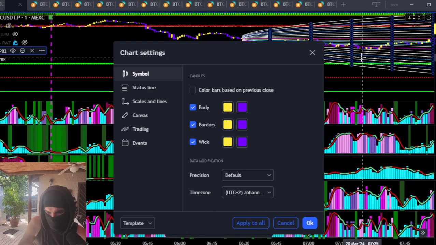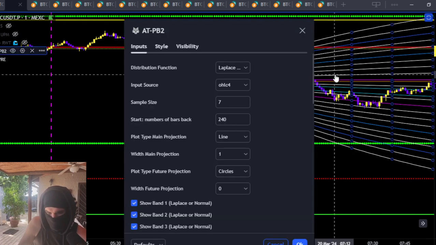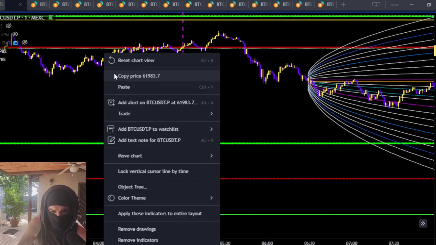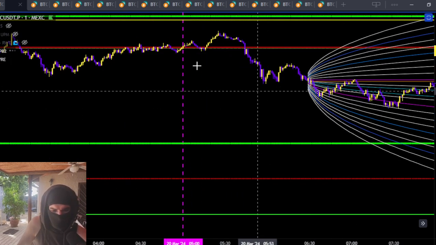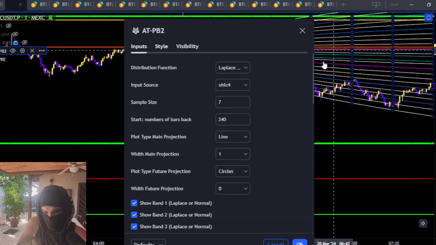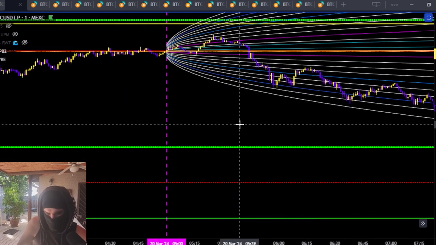Let's go big. 100, so just go 340. Just see where that pops us up. Today, 340, so then it'll be like 350. Oh, getting too close to the edge of this thing.